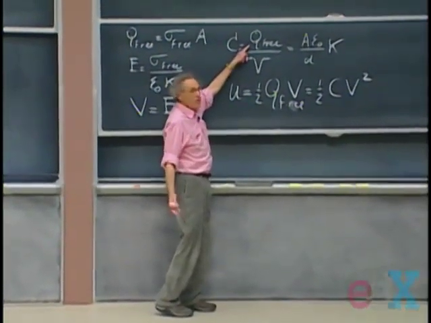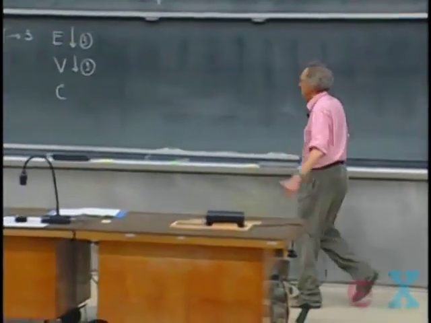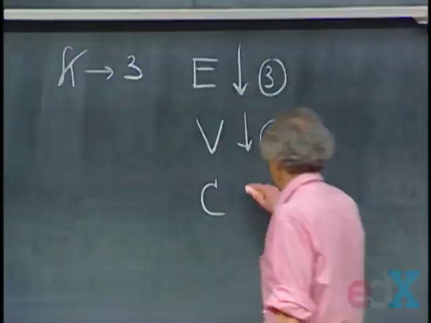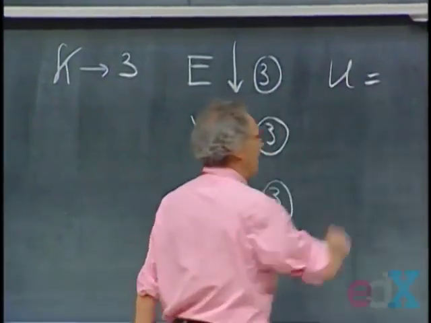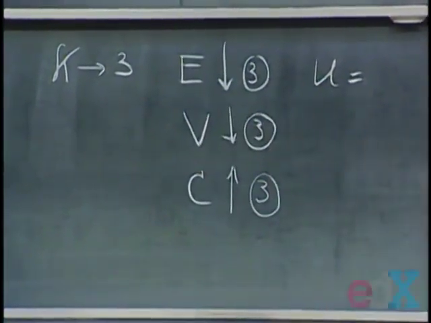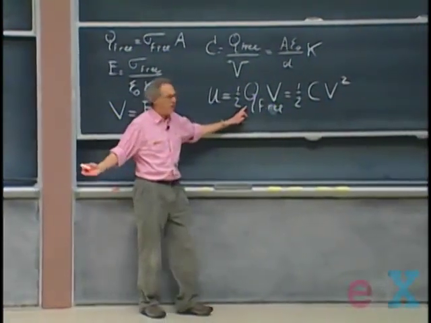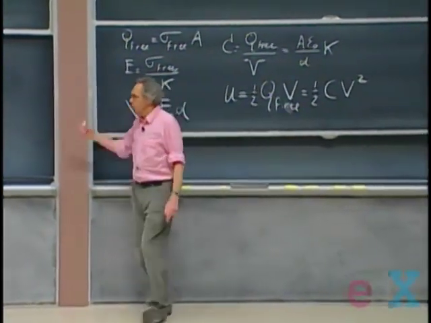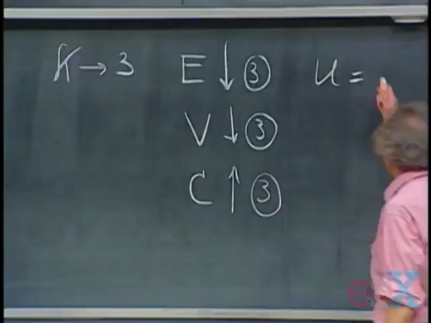The free charge is not changing, it's trapped. The potential difference goes down by a factor of 3, capacitance goes up by a factor of 3. What happens with the electrostatic potential energy? Well, the electrostatic potential energy is 1/2 QV, but Q free could not change. V went down by a factor of 3, so U must go down by a factor of 3.